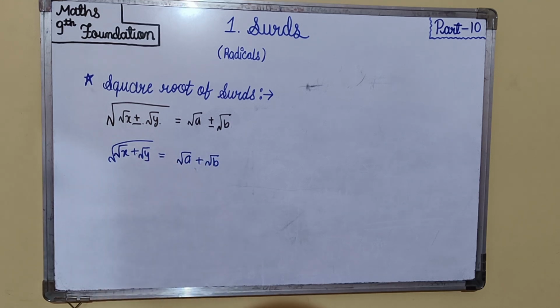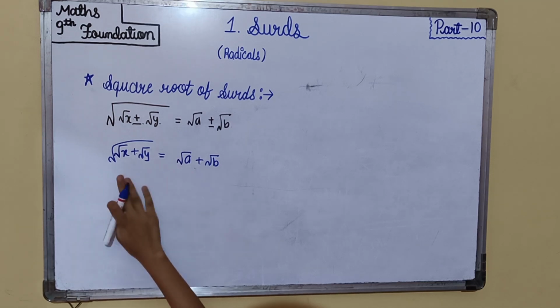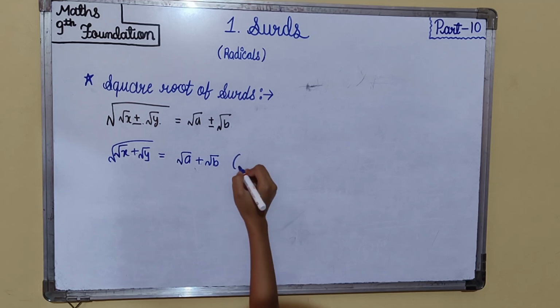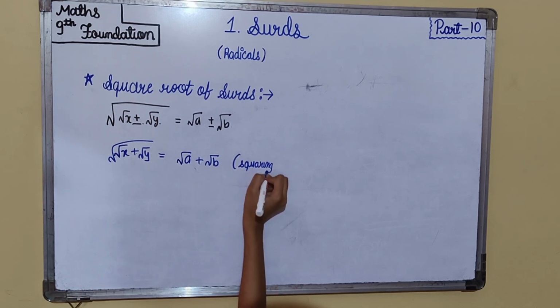But for better understanding, first of all we have taken root x plus root y is equal to root a plus root b. Now we can see both the sides LHS and RHS are in root. So every time first we'll square both sides.